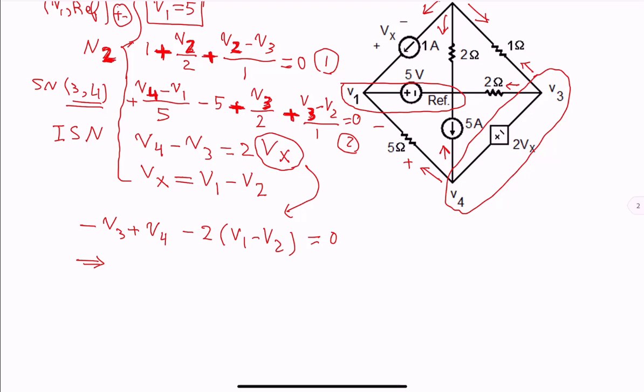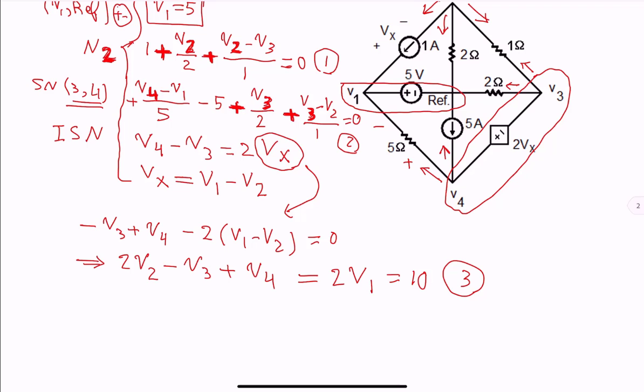We get 2V1, 2V2 minus V3 plus V4. Since V1 is known, take it to the right-hand side, is equal to 2V1, which is 5. So 2 times 5 is equal to 10. Let's call this equation 3.